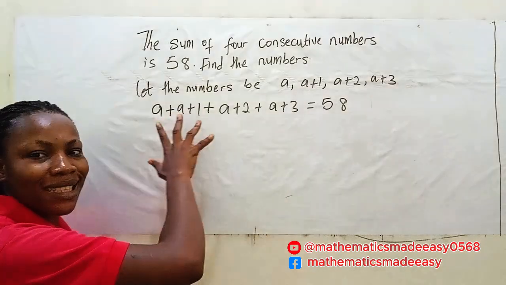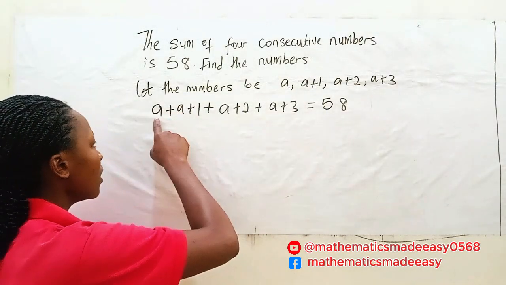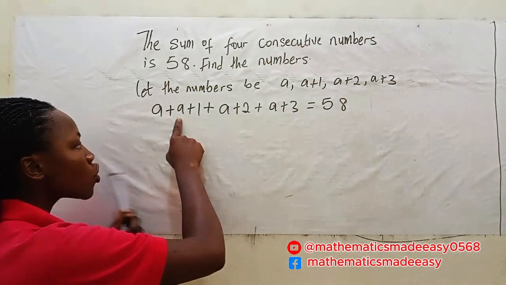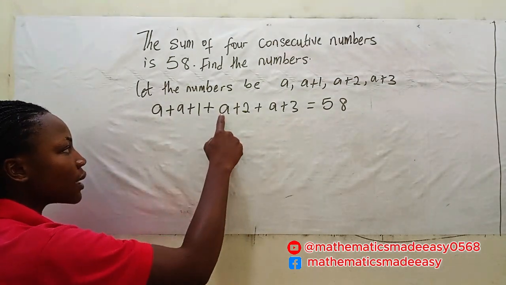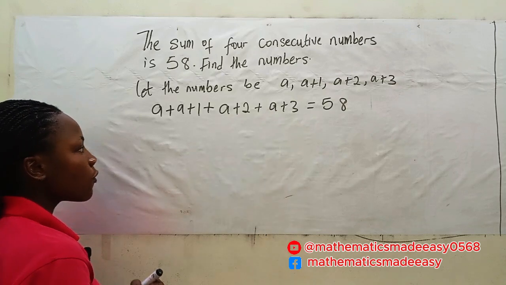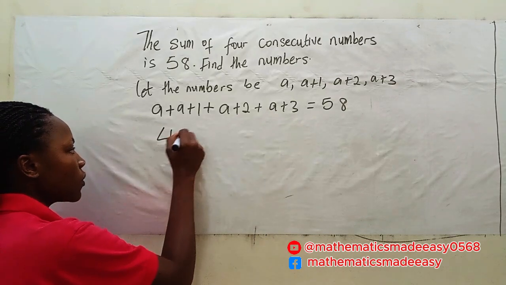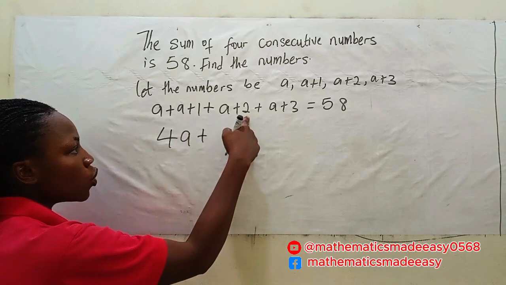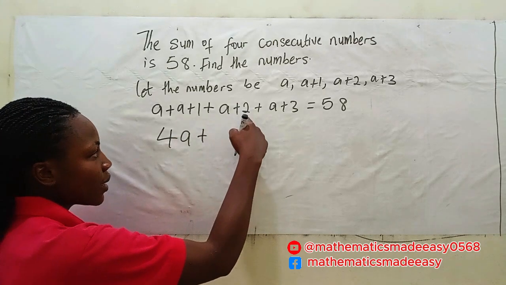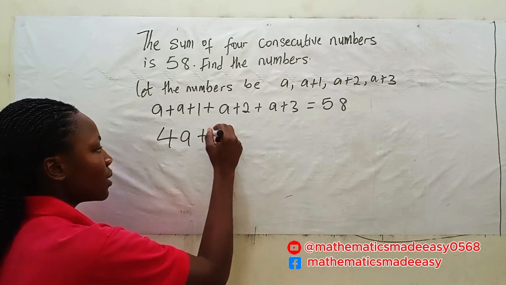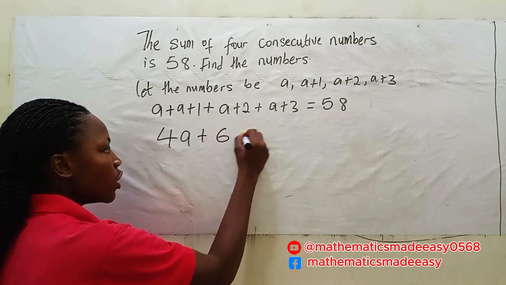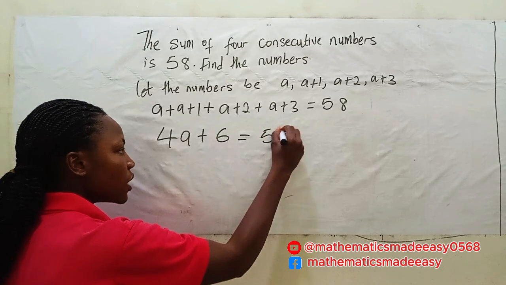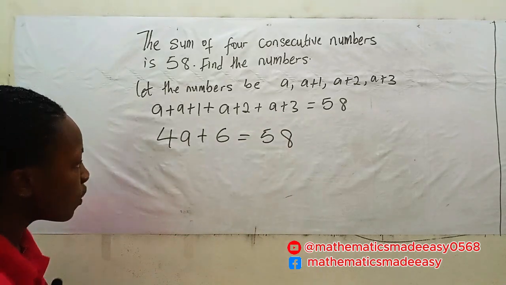So let's add the a's together. A plus a, 2a, plus a, 3a, plus a, 4a, 4a, plus 1 plus 2, 3, plus 2 plus 3, 6, equals 58.